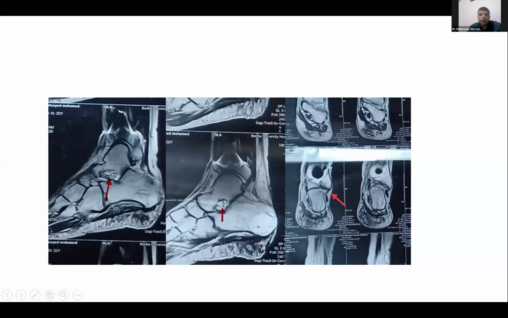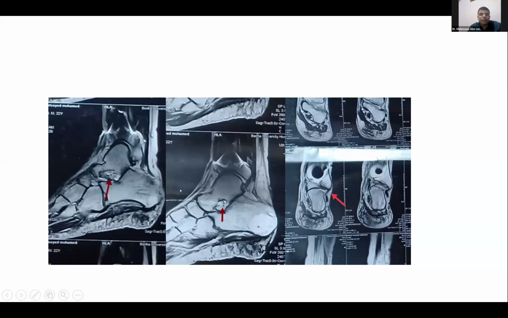These three ligaments are the most important stabilizers for the subtalar joint: the interosseous talocalcaneal, the cervical ligament, and the calcaneofibular ligament.